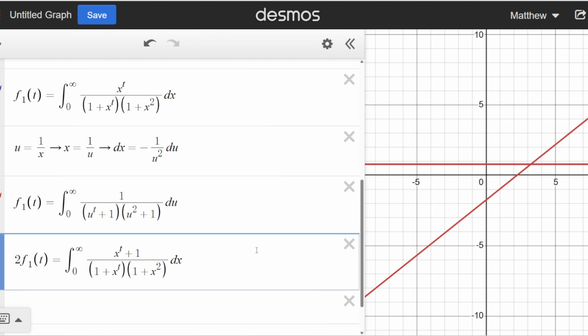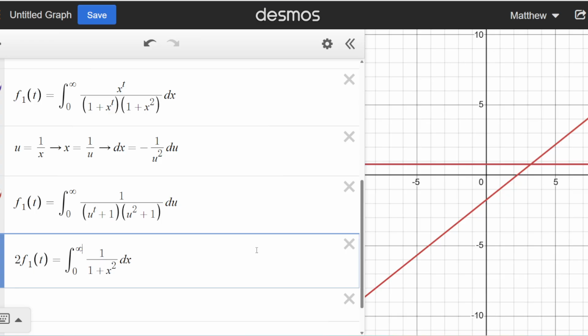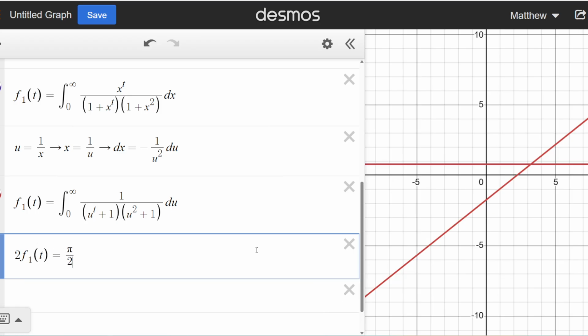And then you'll see that this x to the t plus 1 upstairs and downstairs cancels out. And we know for sure that this integral right here is pi over 2. So now we have f prime of t is just equal to pi over 4. Okay, well, all right, great.